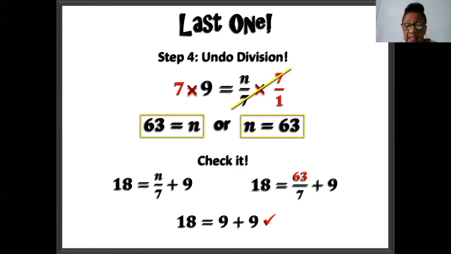And so to do the answer check, we have 18 is equal to, instead of n, we write in 63. 63 divided by 7 plus 9. 63 divided by 7 is equal to 9. So now we have 18 is equal to 9 plus 9. Is that true? Yes, it is true. 18 is equal to 9 plus 9.